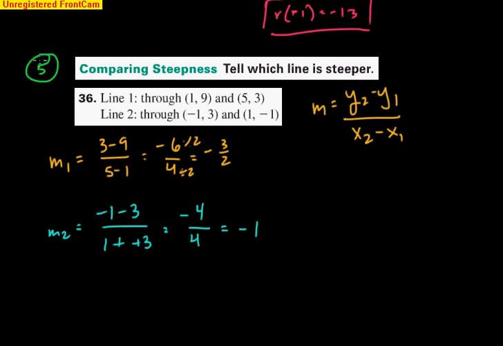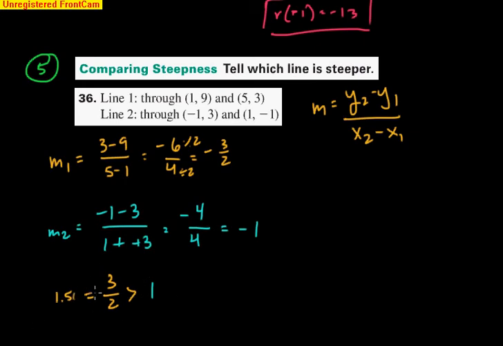Okay. So my two slopes are negative 3 halves and negative 1. Remember, we don't worry about the negative. We worry only about the positive slope when we're talking about steepness. So really, we need to compare 3 halves to 1 and ask ourselves which one is bigger. Well, hopefully you know that 3 halves is also 1.5, which would make 1.5 bigger than 1.